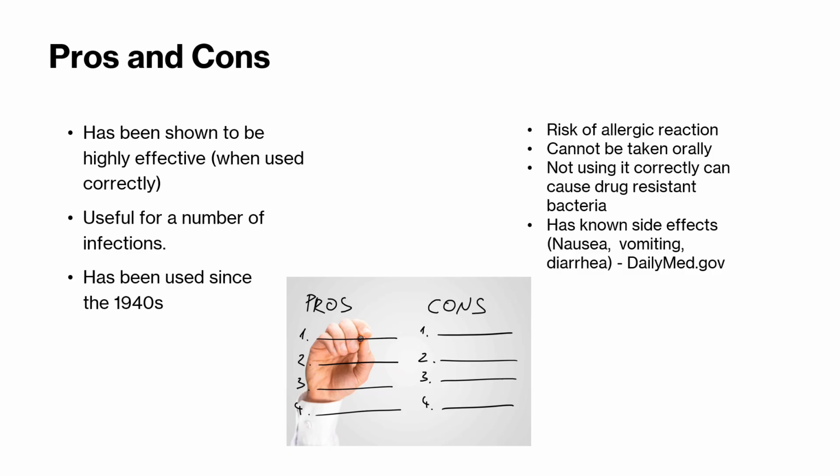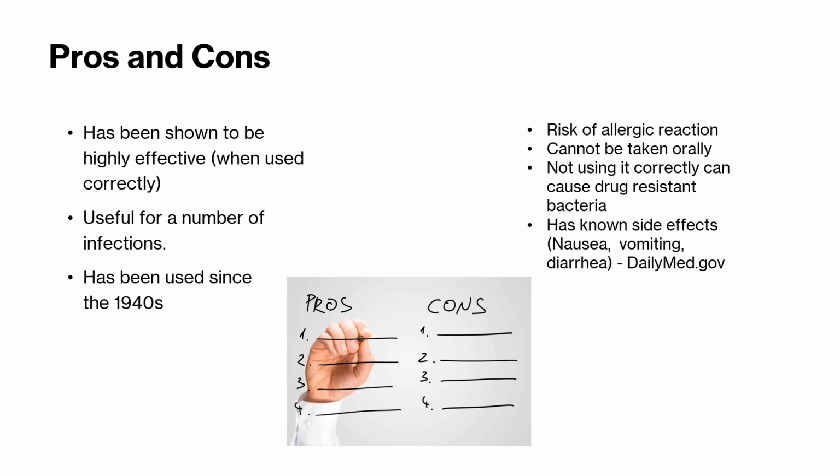It is useful for a number of infections, some of which I've listed already, such as pneumonia, syphilis, meningitis. And it has been around since the 1940s, so it does have a bit of credibility since it's been around and used for such a long time.